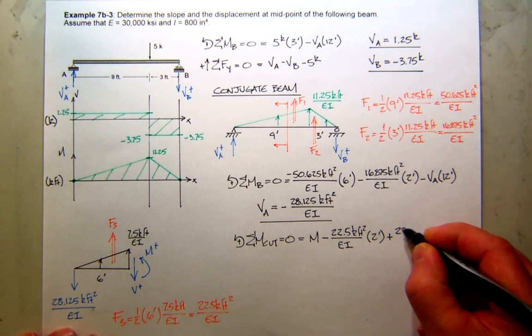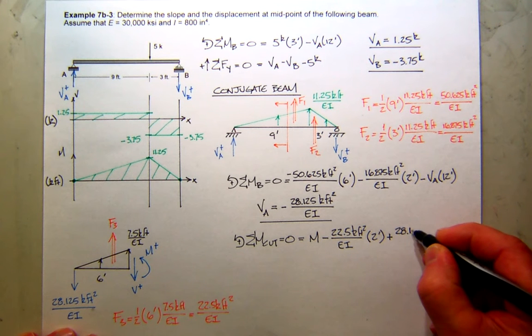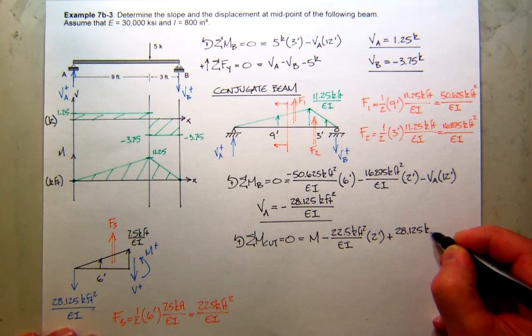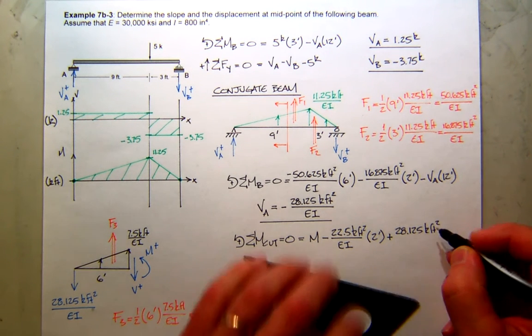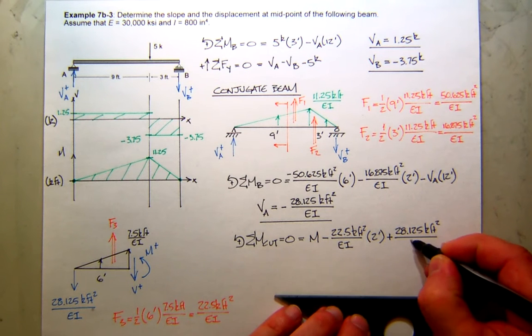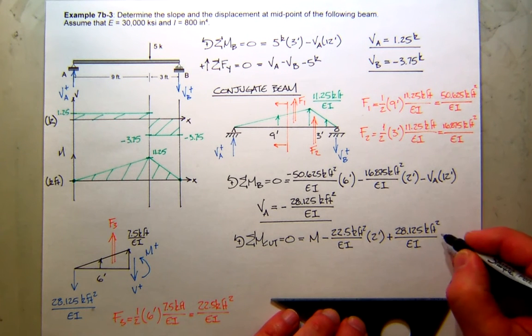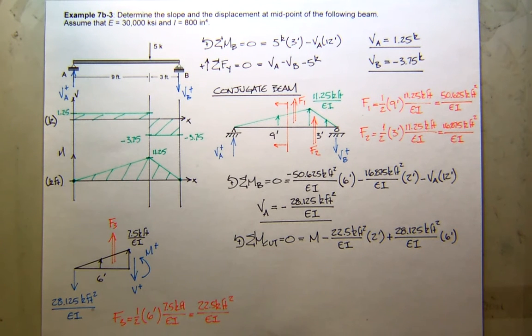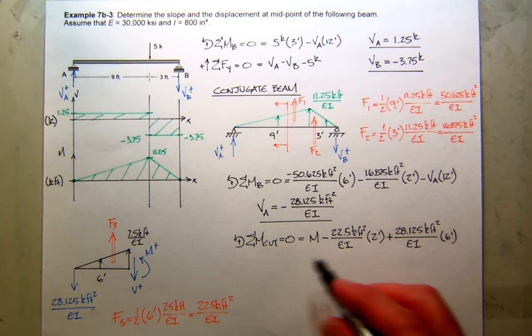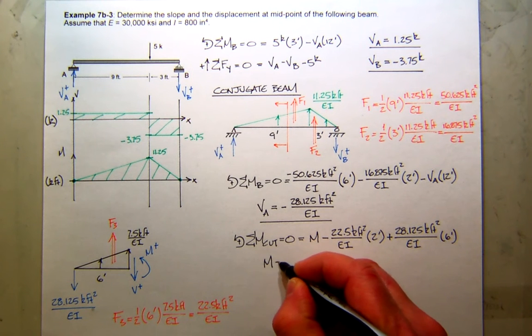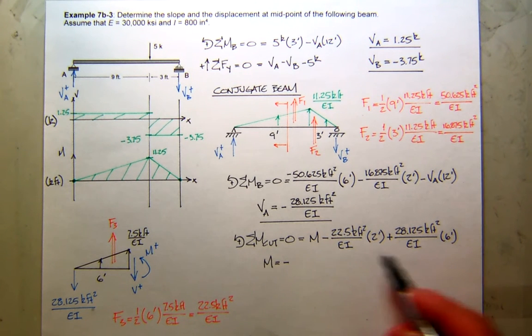So that's 28.125 kip feet squared over EI. And that distance is the total, which is 6 feet. I think that's it. This number looks way bigger than that, so it looks like the moment is going to be negative, and I'll let you guys figure that out for me.